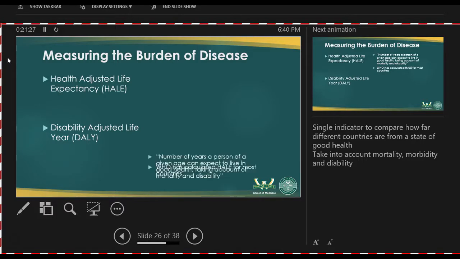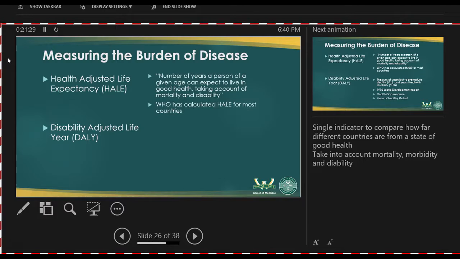So what is health-adjusted life years? Health-adjusted life years is the number of years a person of a given age can expect to live in good health, taking account of mortality and disability. In 1993, WHO calculated the HALE for almost all countries.